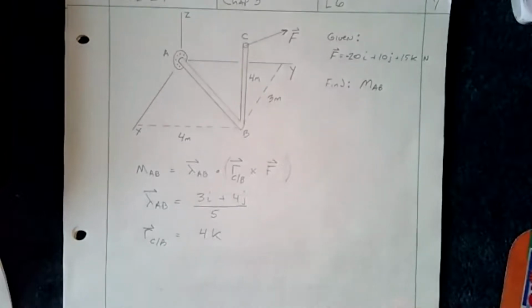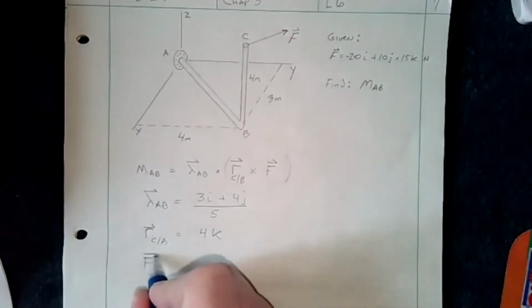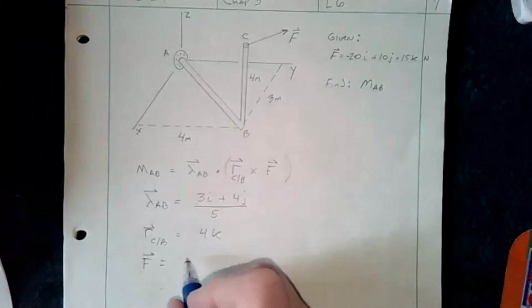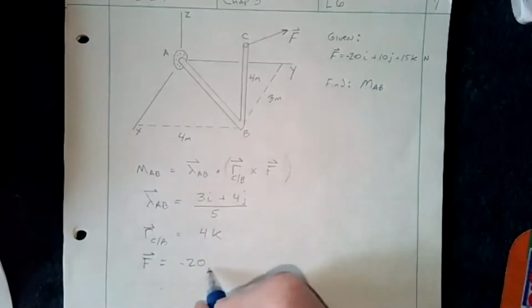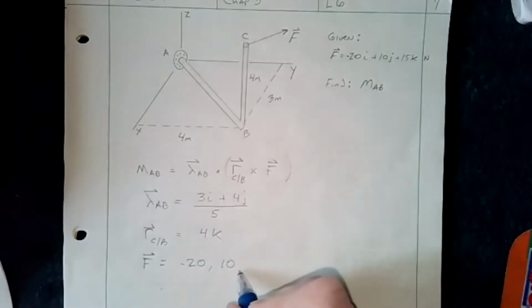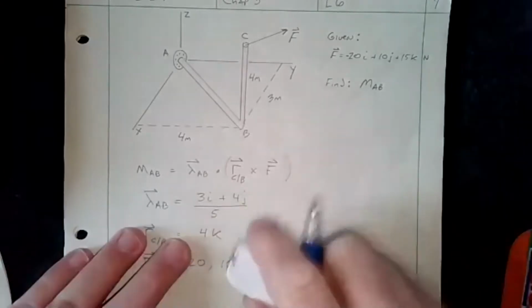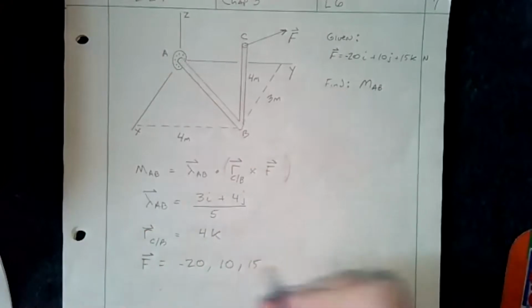And so we're given our force. That was -20, 10, and 15. Sorry, make sure it's not negative.